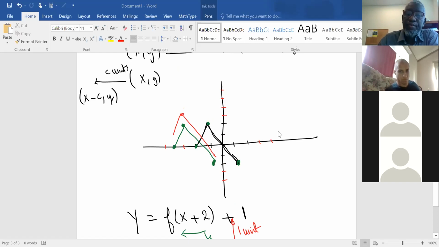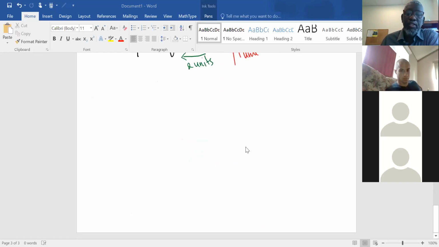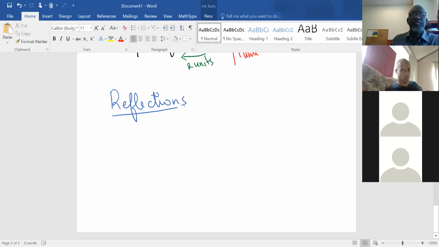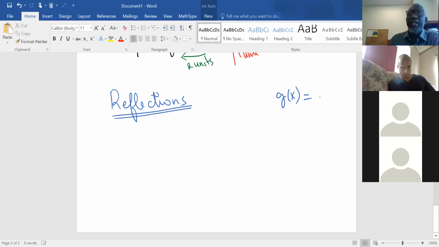Okay, now we're going to see what's called the reflections. You see, for instance, let us graph g of x equal to negative x squared, right?